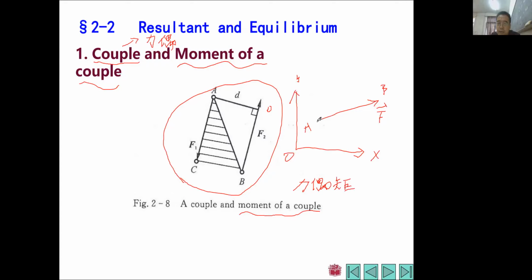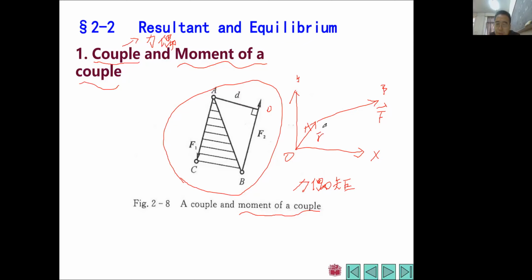If we link OA, because A denotes the point of action of this force, because a force has three factors: one is magnitude, another is direction, the third is point of action. Because in our course this semester, all bodies are counted as rigid bodies, it can be changed into line of action, right? So when we link this OA, we have a position vector.